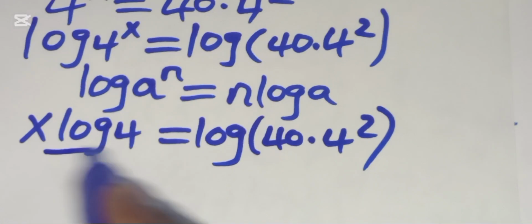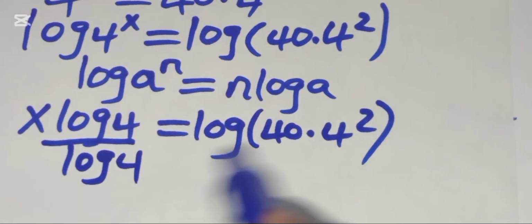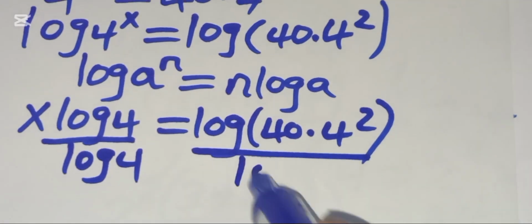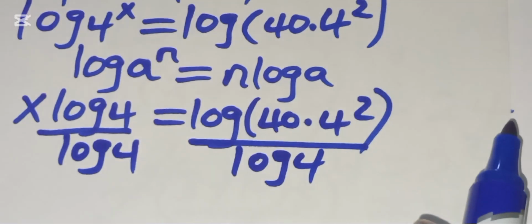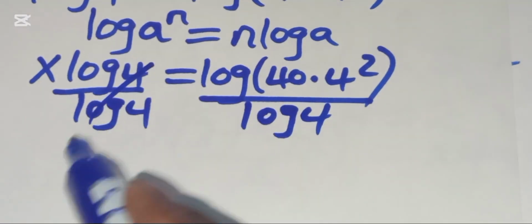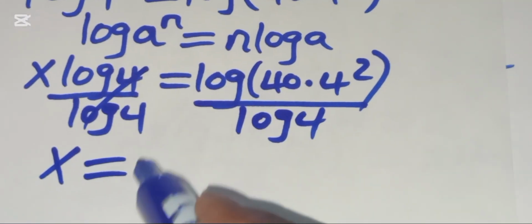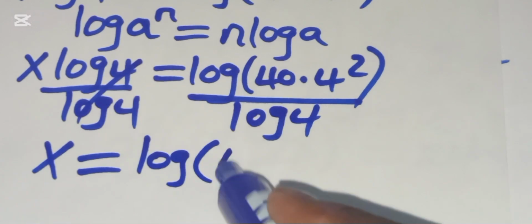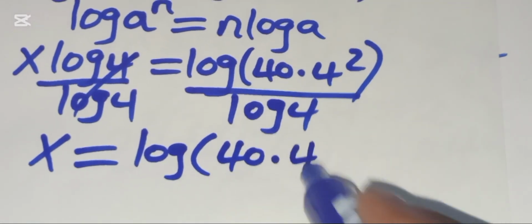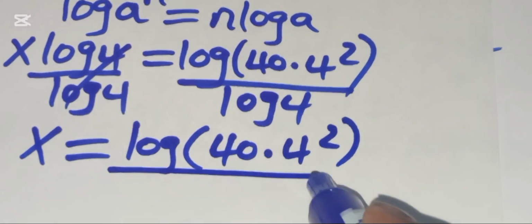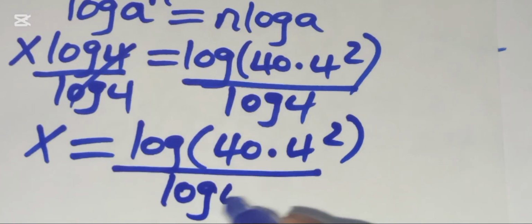Now let's divide both sides by log 4. If we simplify, we have x equal to log of 40 multiplied by 4 to the power 2, divided by log 4.